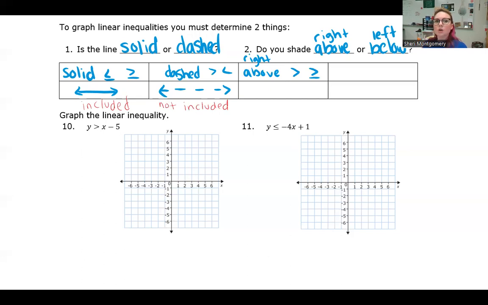So the way that the symbols are facing tells you whether you shade above or below. And then if they have the bar underneath, that tells you whether or not you're dashed or solid. So we also shade below or to the left. And those are when you're less than or equal to.